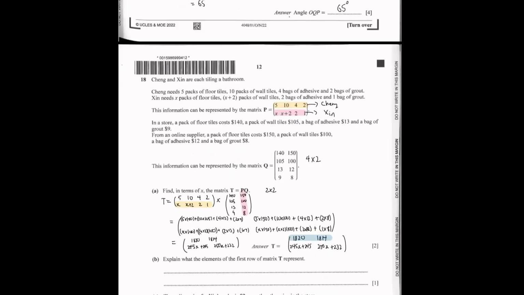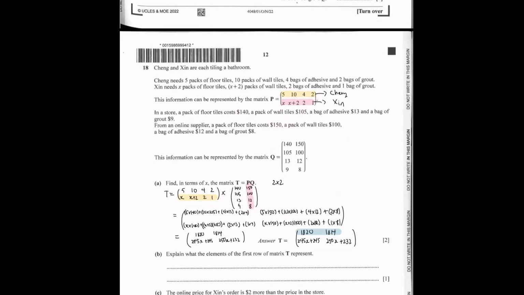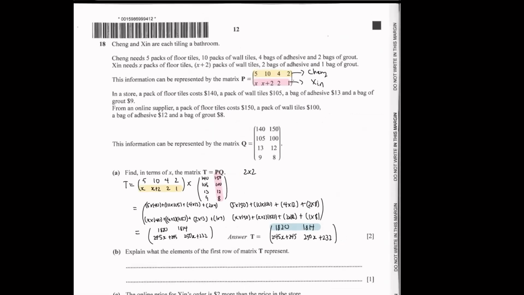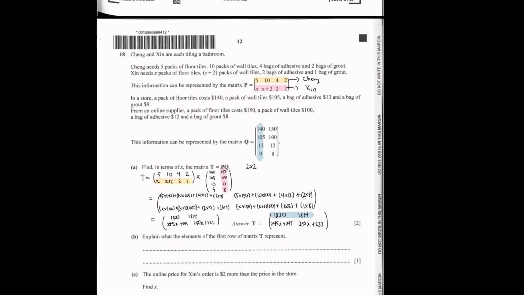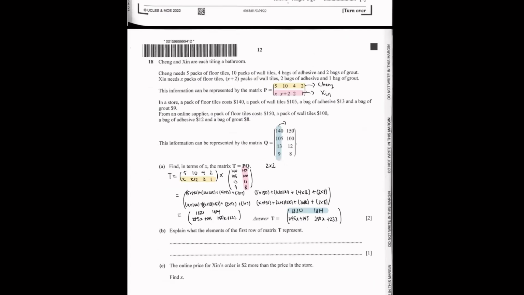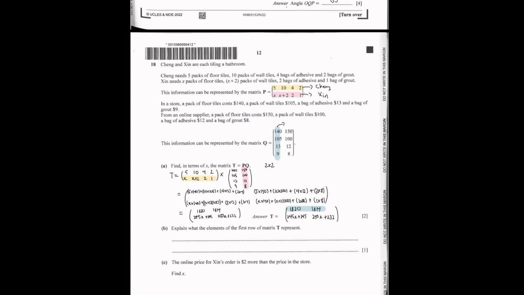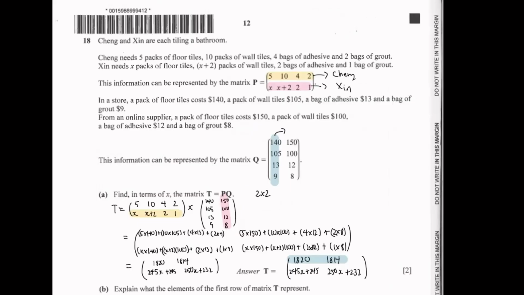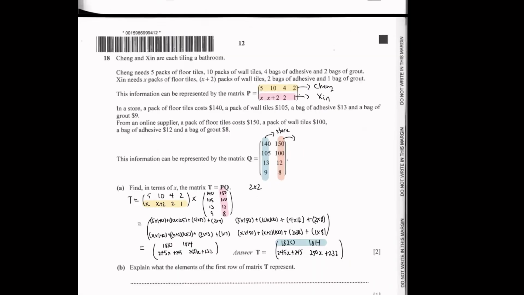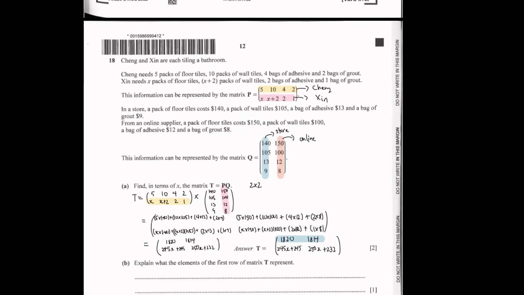Now, going on to matrix Q. In matrix Q, the first column represents the price of the supplies that are bought from a store. And the second column is the price of supplies that are bought online.